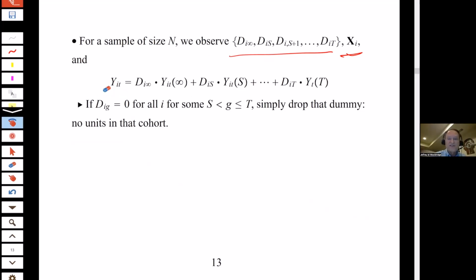So this is just that simple way of saying that there are all these potential outcomes, but we only observe the one when this is equal to 1, and everything else is equal to 0. Practical issues: sometimes if you have high frequency data, there may be some time periods where you have no new entry into treatment. Of course, you're not going to be able to generally estimate a treatment effect for such cohorts, so you just leave them out.